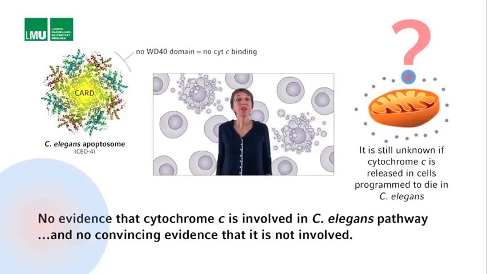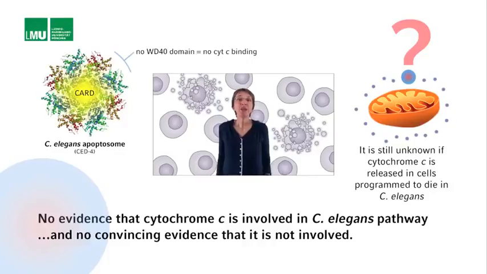Fact is that the C. elegans Z4 protein is missing the WD40 repeat domain of APAF1, which mediates the interaction between APAF1 and cytochrome C. Furthermore, the C. elegans apoptosome can assemble in the absence of cytochrome C. And why should cytochrome C be released if it is not required for apoptosome assembly?